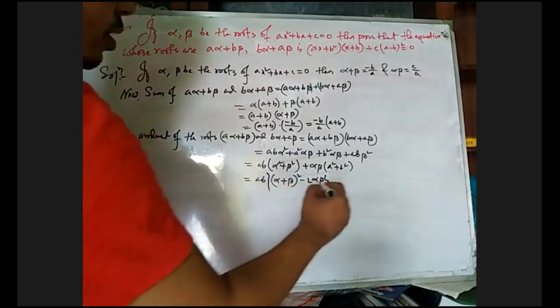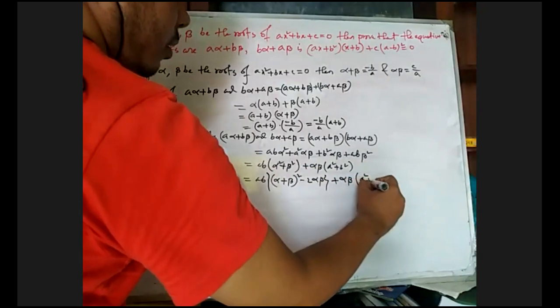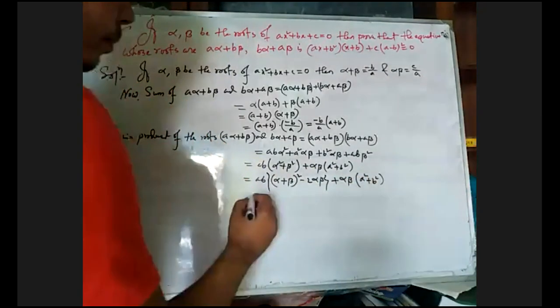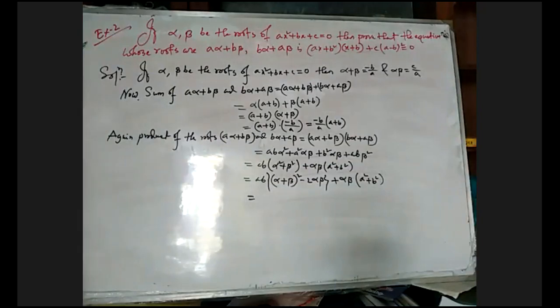Using this corollary, now putting the values of alpha plus beta, what do we get actually?